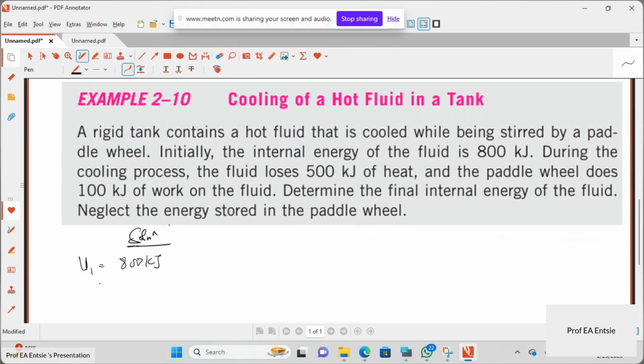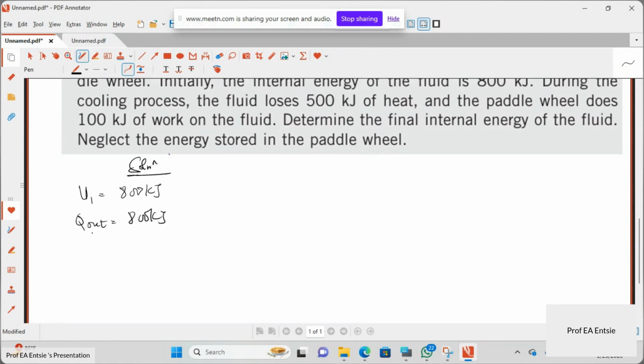During the cooling process, the fluid loses heat, so heat out is 500 kilojoules, and the paddle wheel does work on the fluid, so work input on the fluid is 100 kilojoules. We are now to determine the what? U2. That's the final internal energy.